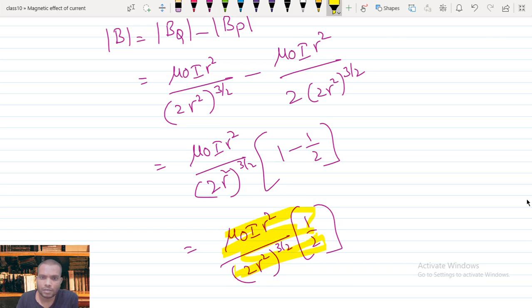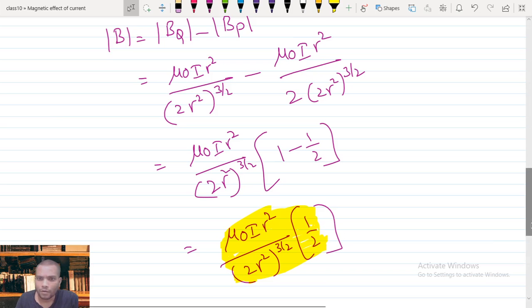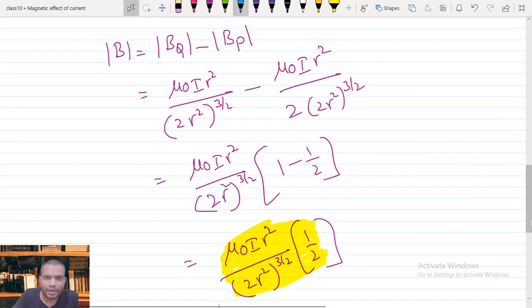Since r square is in the numerator, you can try to cancel it with further simplification, but I am leaving it here. This is the final magnitude of the magnetic field.